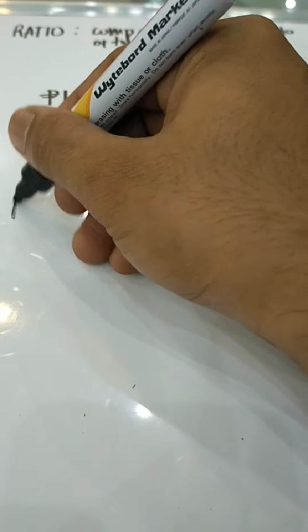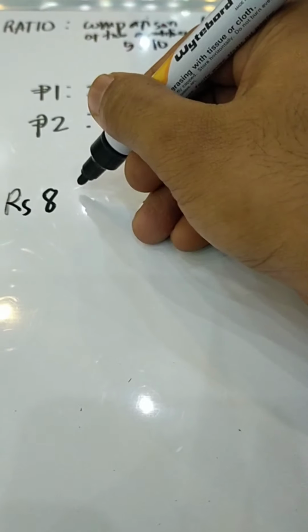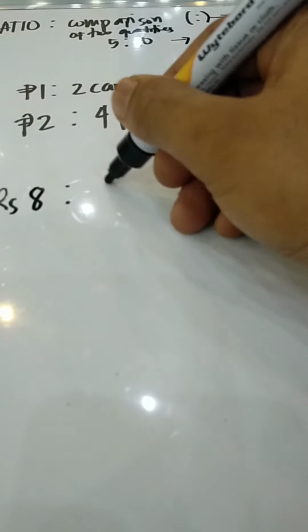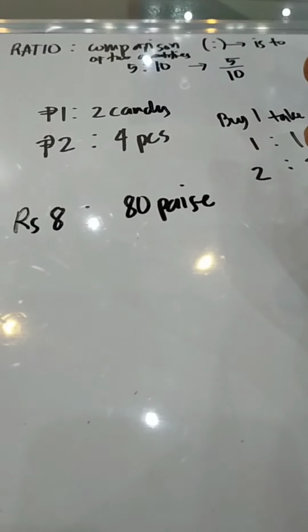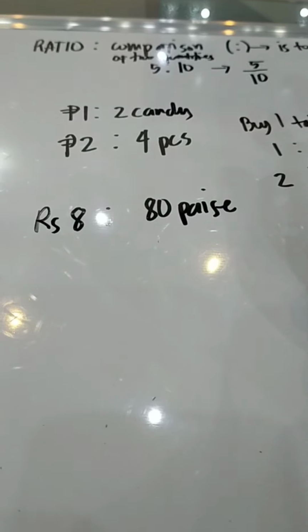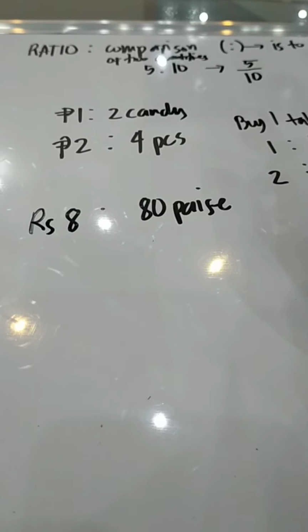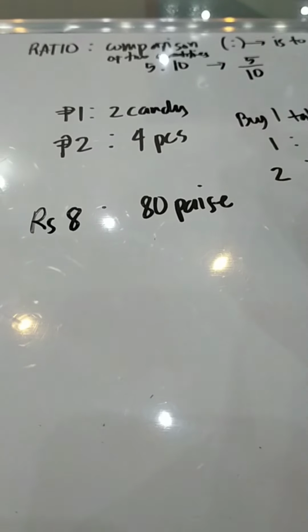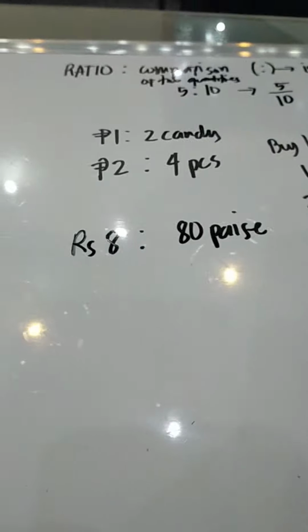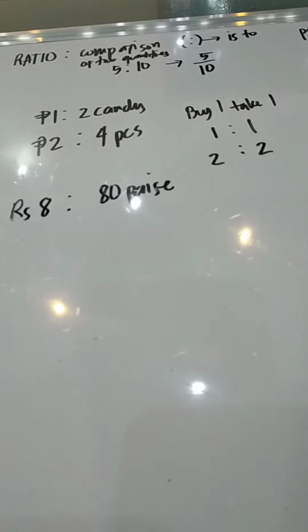So we have 8 rupees is to 80 paise. Okay. So it says there, how do we express this ratio? So unang-una sa lahat, remind natin na sa guidelines para makakuha tayo ng eksaktong ratio, dapat parehas sila ng unit.